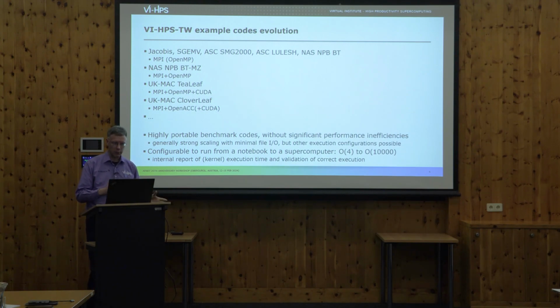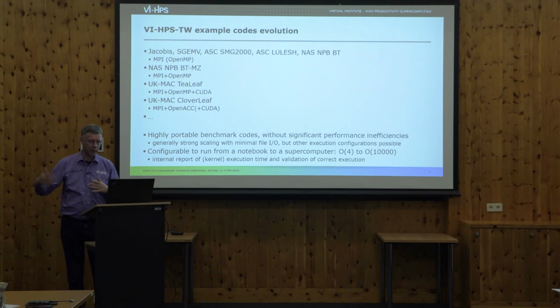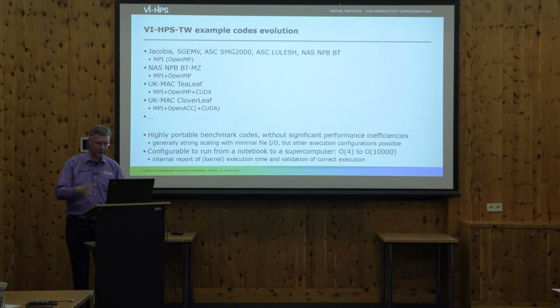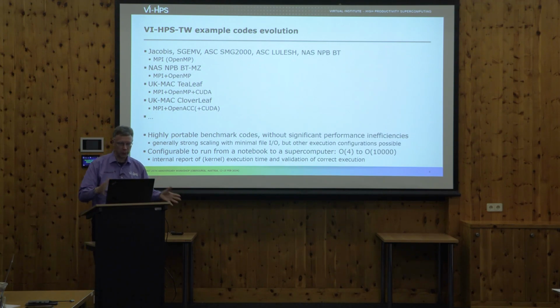We had codes that were highly portable, but also highly scalable. They could run on a laptop computer in a virtual machine, or they could run on a Blue Gene system or Fugaku or K-computer, whatever, with tens of thousands of processes and threads. And the nice thing about those benchmark codes, because they were used for procurements, is that they had a distinct kernel where the performance was important, and they also validated that the execution was valid to whatever tolerance was expected.